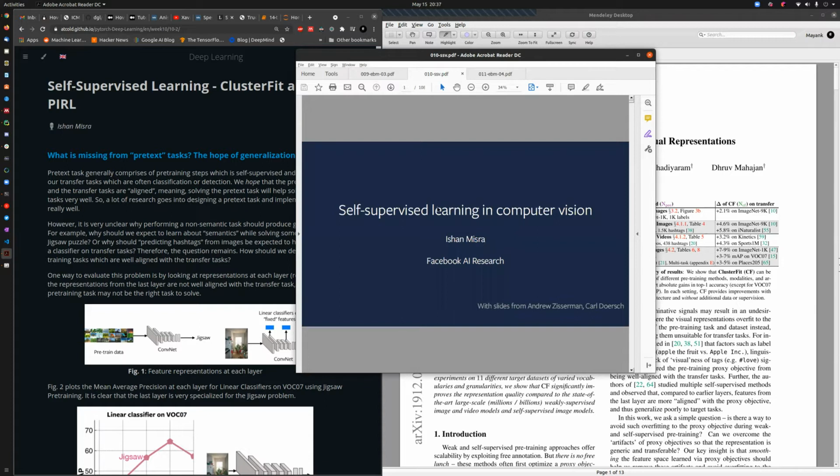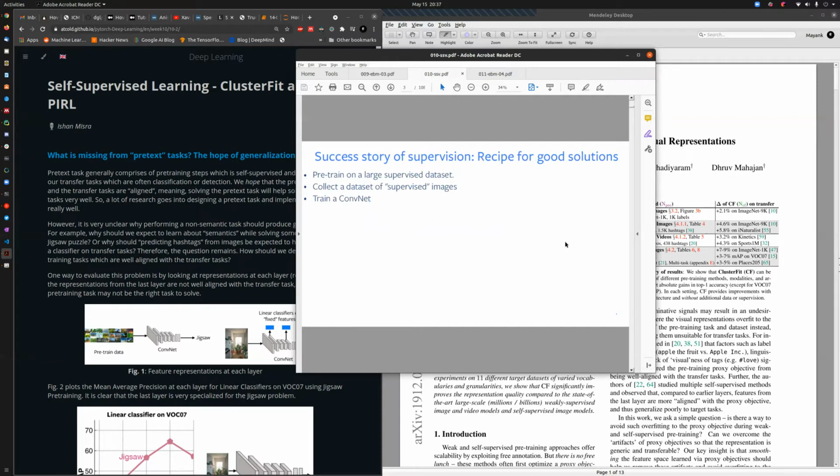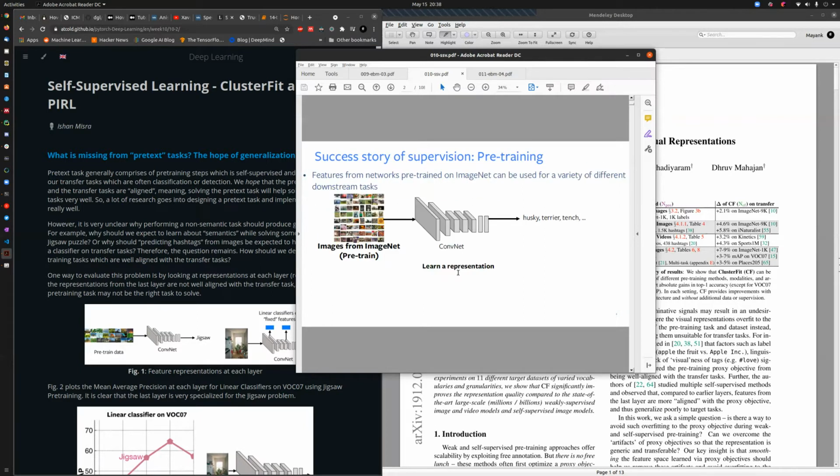Self-supervision, pre-training, what it is, a variety of downstream tasks, where we learn from a representation. This is a classification task. This is a supervised data set in which we have trained it here.